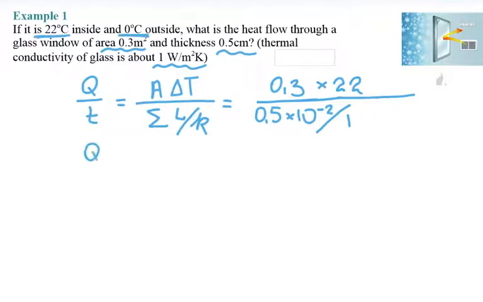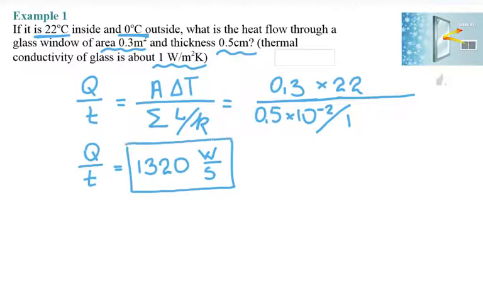So the heat flow over time is equal to 1320 watts per second. And if you just calculated the heat flow, that would again be 1320 watts.